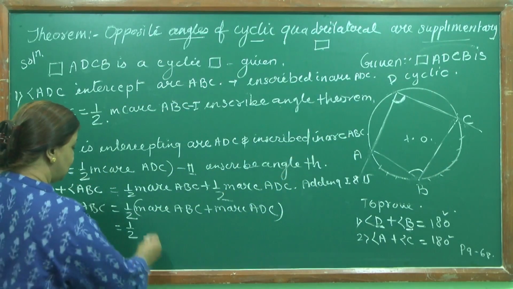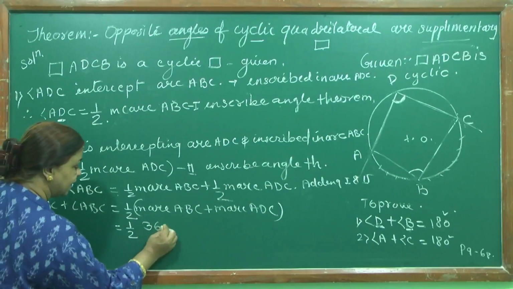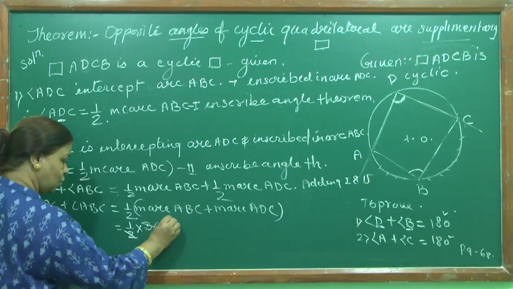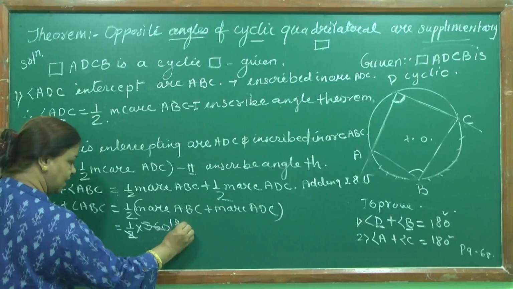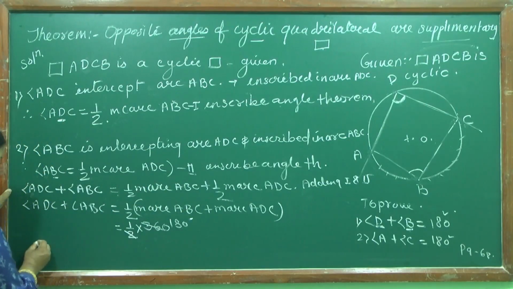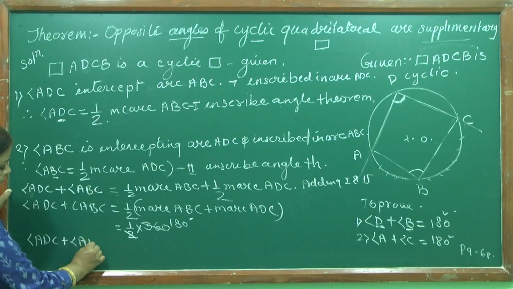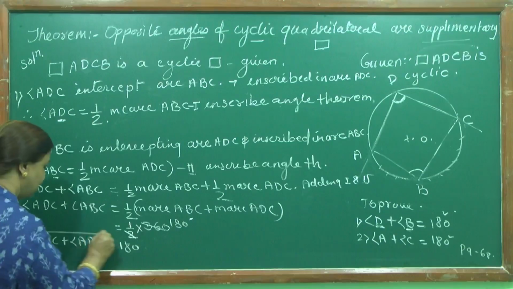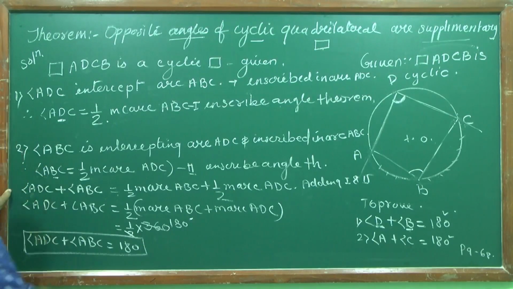And complete circle is equal to how much? 360 degree. So can I divide it? 2 ones are 2, 2 eights are 180 degree. So I got angle ADC plus angle ABC is equal to 180 degree. We have proved it.